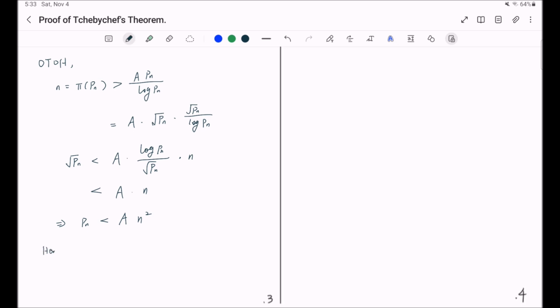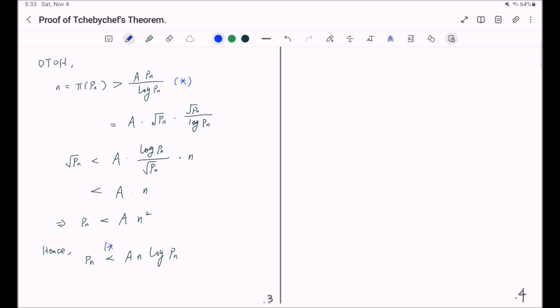And hence p sub n, from this inequality, is bounded above by a times n log of p sub n, and so let me mark.